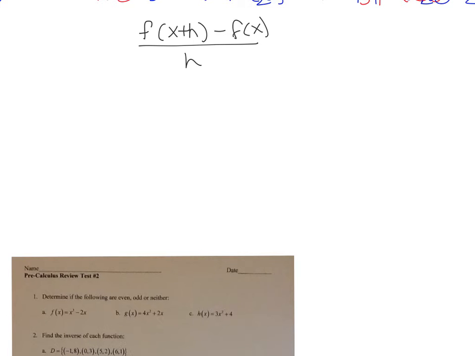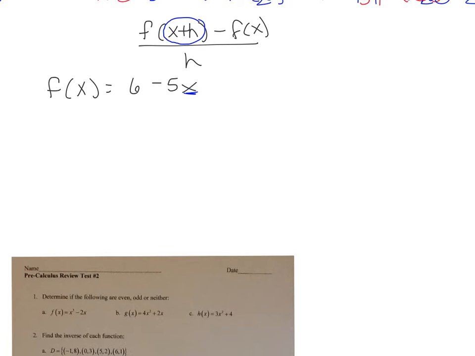All right, and now I'm going to do f of x is equal to 6 minus 5x. Okay, so I'm going to do f of x plus h. So wherever I see an x, I'm going to plug in x plus h.